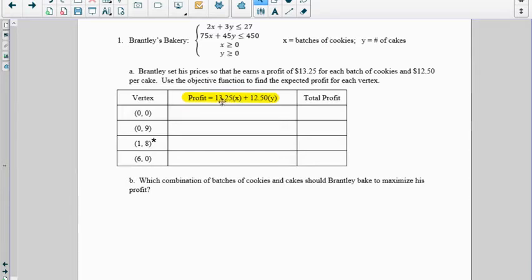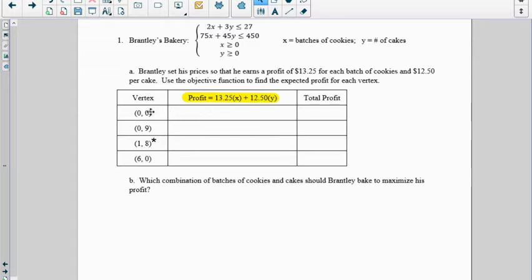So what we do in our equation is we take $13.25 times X, which is the batches of cookies. And then we take $12.50 times the number of cakes to get the total profit from whether it's one cake or two cakes or five cakes or whatever. And when we add that together, that gives Brantley his total profit.